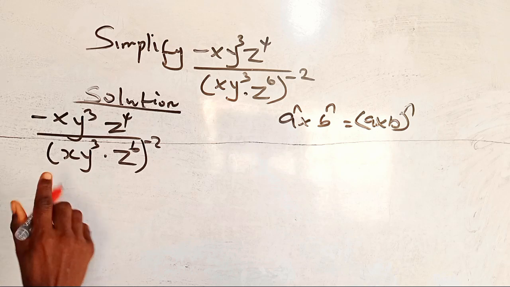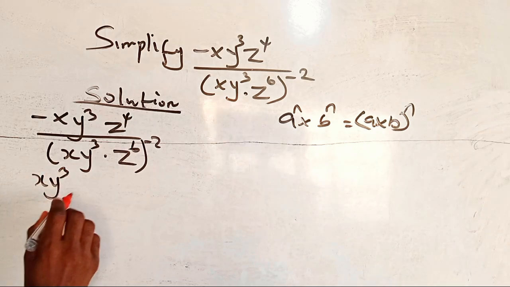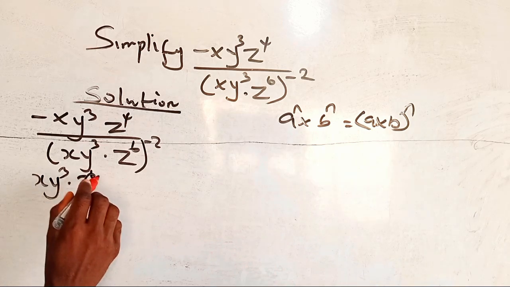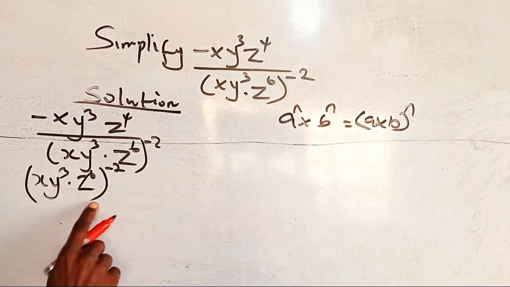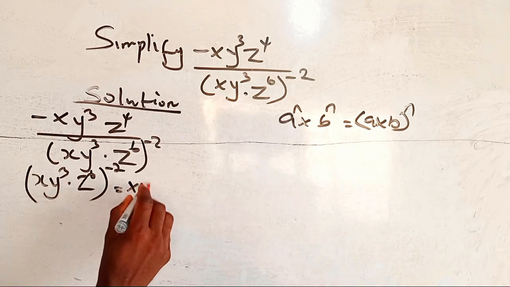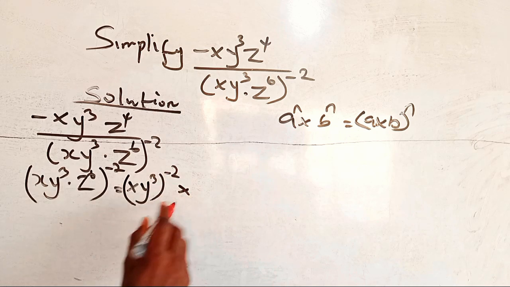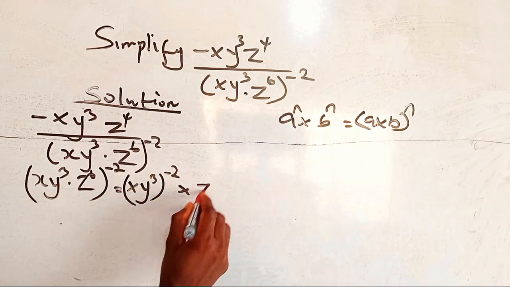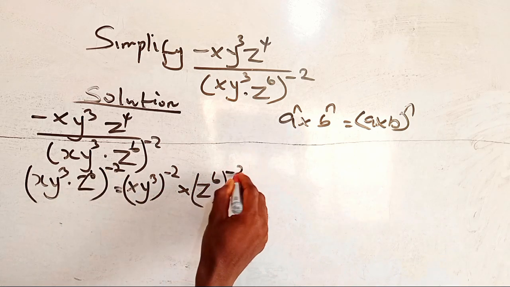For x y raised to the power 3 times z raised to the power 6, everything to the power minus 2, we can have this as x y raised to the power 3, raised to the power minus 2, times z raised to the power 6 times minus 2.